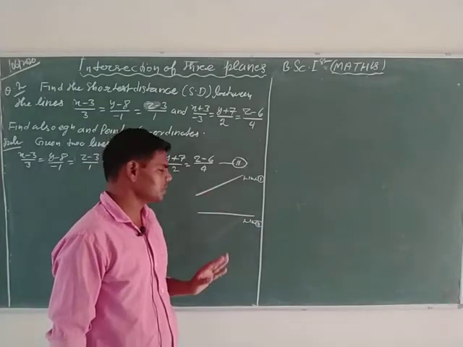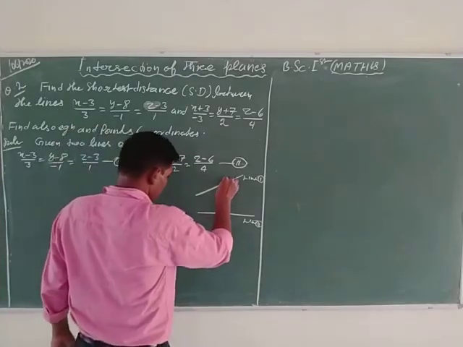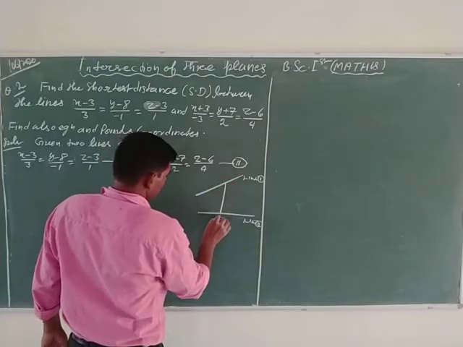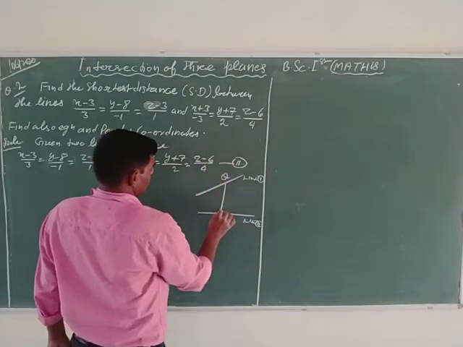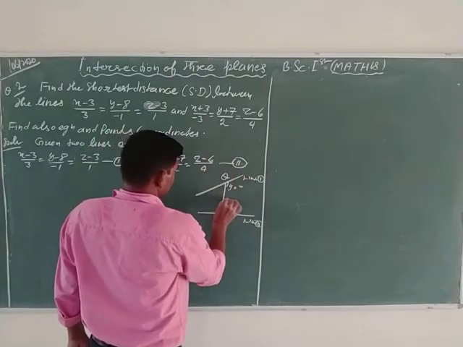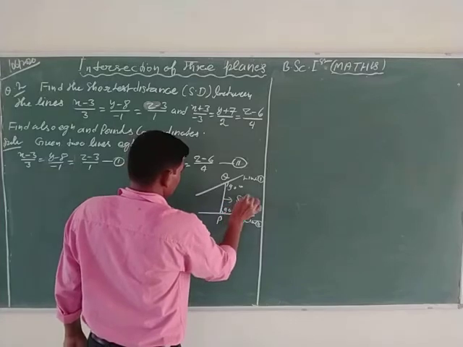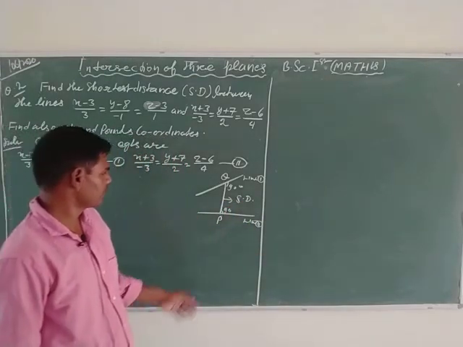So they are in opposite planes. Now draw a perpendicular line. Suppose this perpendicular line intersects at point P and intersects line second at Q. Here it is 90 degrees and also 90 degrees. So this line is called SD, the shortest distance line between the given two lines.